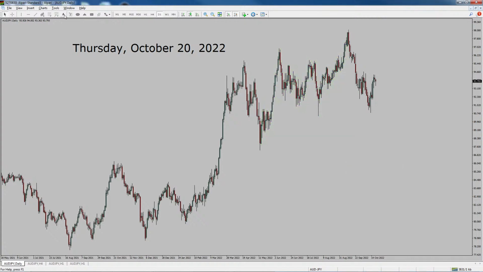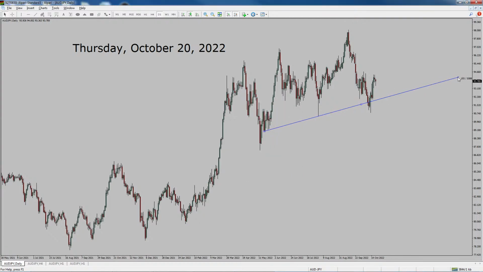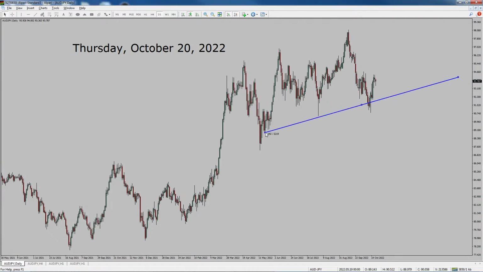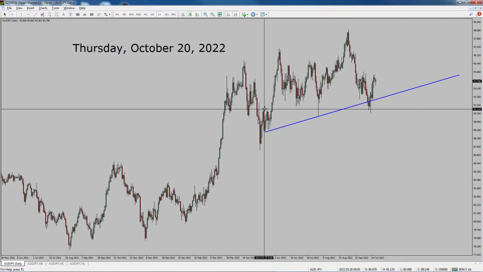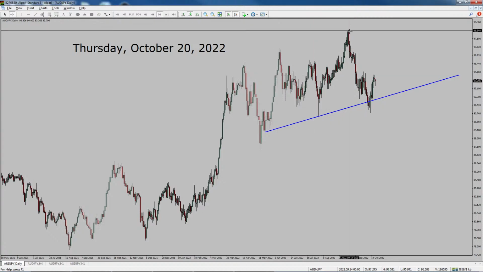For those who are interested, let me draw the trend lines and also label the chart as well. So this is most probably wave 1, 2, 3, 4, and 5.